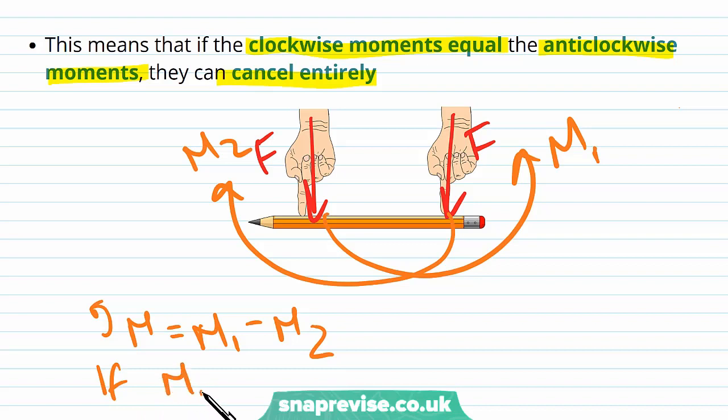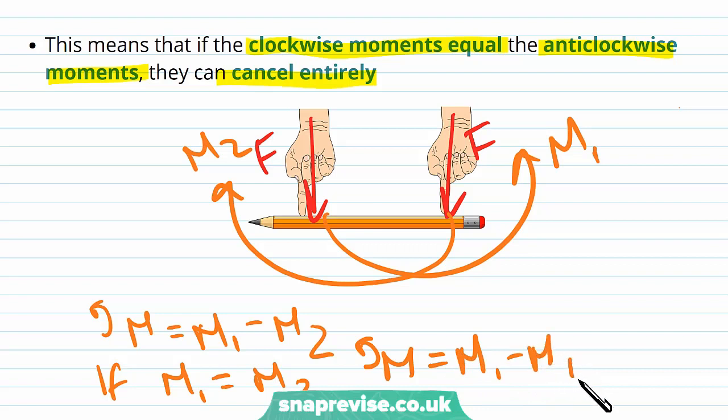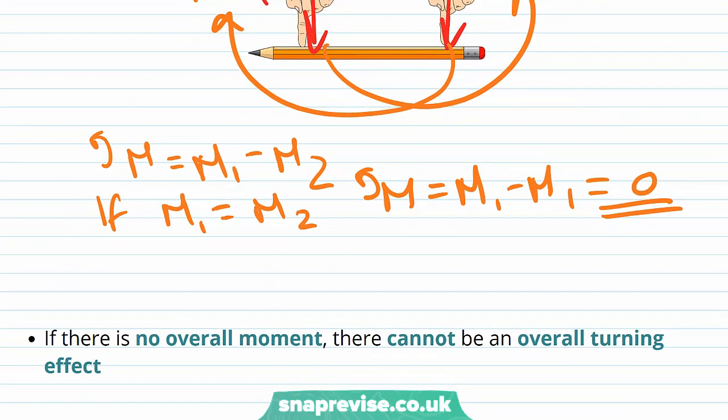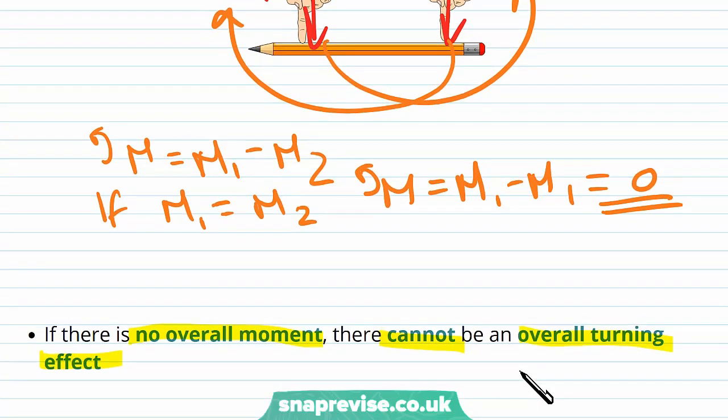If M1 is equal to M2, then the two moments are going to cancel. So the total anti-clockwise moment is going to be equal to M1 minus M1 because it's got the same magnitude as M2. So this gives us a resultant moment of 0. And if there is no overall moment, there cannot be an overall turning effect. So the pencil will not rotate. There will be no rotational motion.